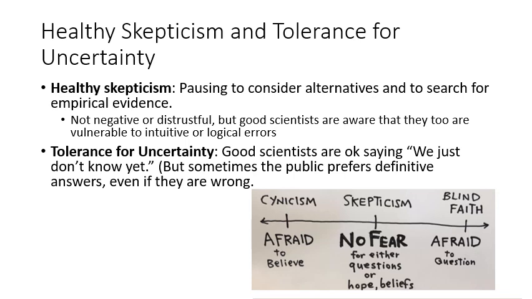But the public sometimes prefers definite answers, even if the answers are wrong. So even you in this class might have a question, and the answer that might be necessary is, this isn't yet known. We don't know. And so it's important for you to be tolerant of that uncertainty. That's a scientific thinker, understanding that uncertainty is present.